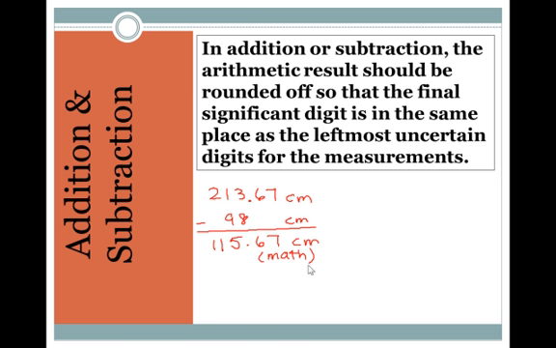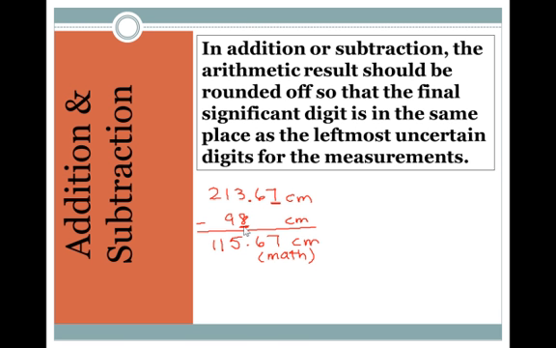Okay, so let's go up here to our measurements and look where the estimated place value is. The 7 is the estimated place value for 213.67. That is in the 100th place. For 98, the 8 is the estimated place value.